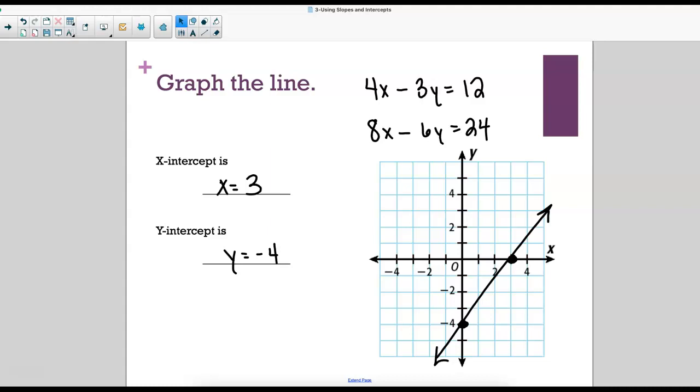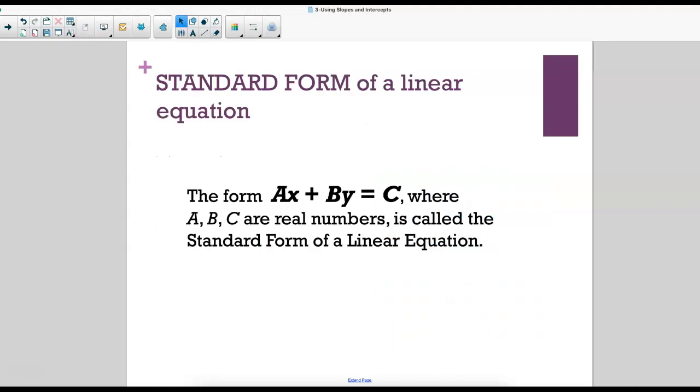The other thing we're going to talk about today is the standard form of an equation. Standard form looks like this: the form ax plus by equals c, where a, b, and c are real numbers, is called standard form. Like the last one we had, 3x plus 4y equals 15.